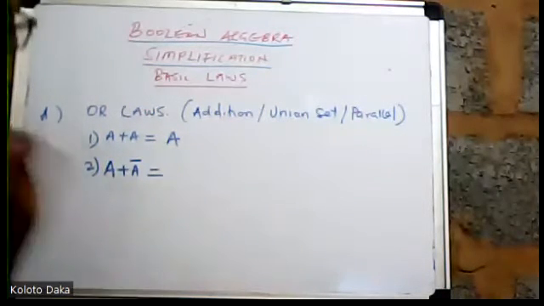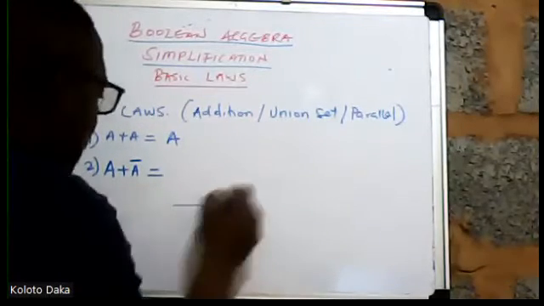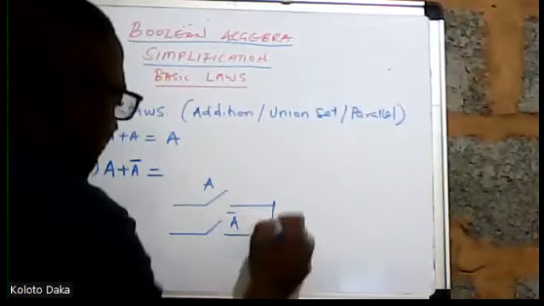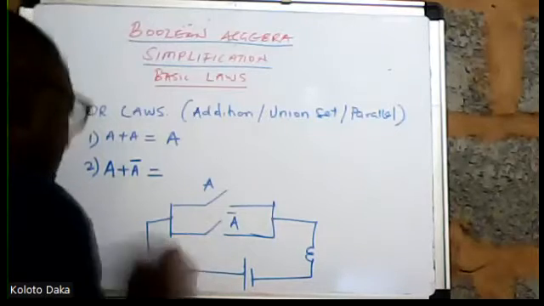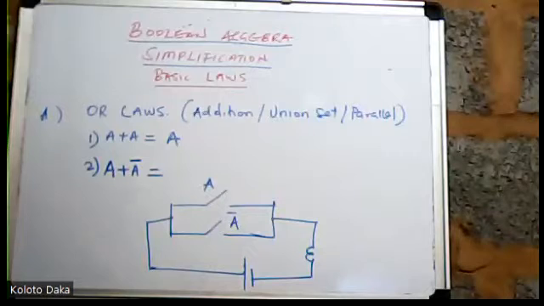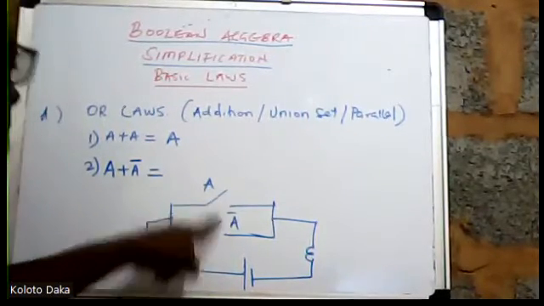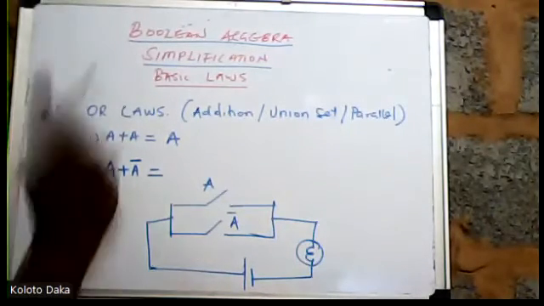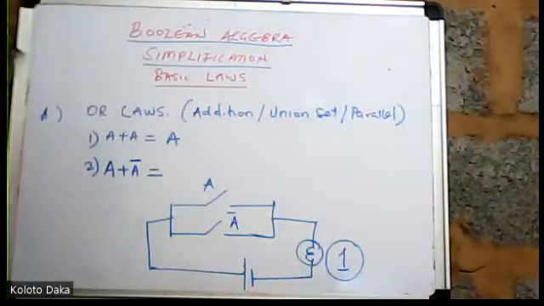What about A plus not A? How does this look in a circuit? We have A there, and not A. It simply means that this one will always be the opposite of that one. So, when we have such a situation, our result will always be 1.